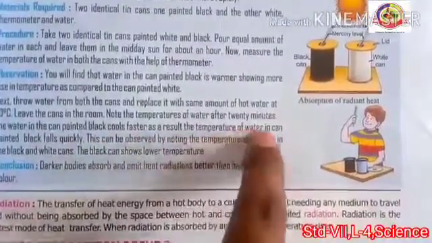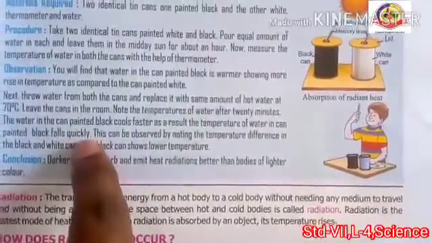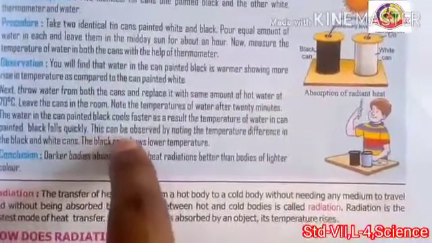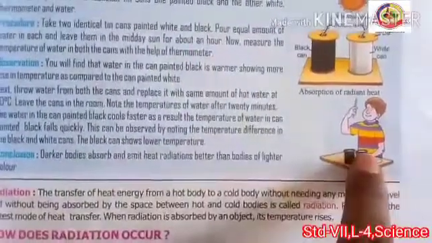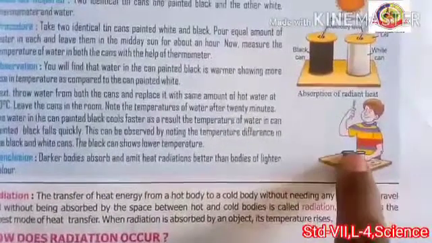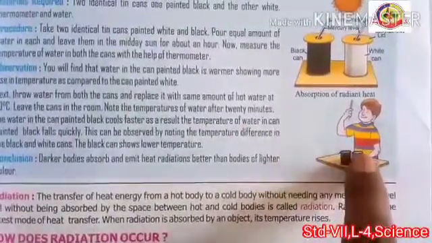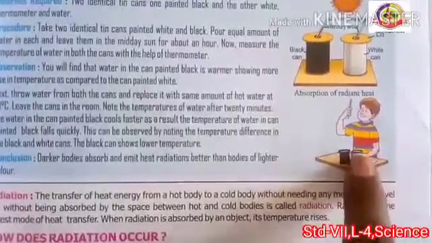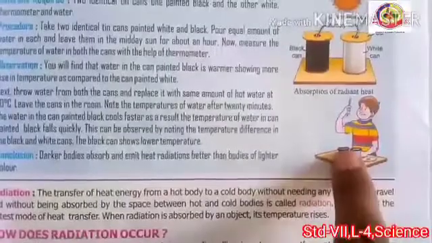As a result, the temperature of water in the can painted black falls quickly. Here what we have done is filled both cans with hot water at 70 degrees Celsius, kept them for some time, then measured the temperature of both.